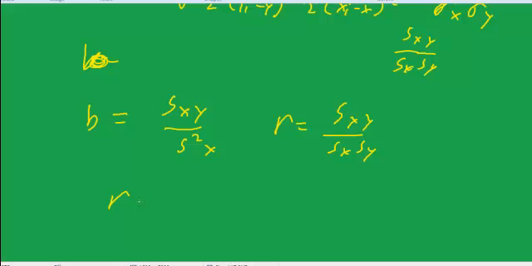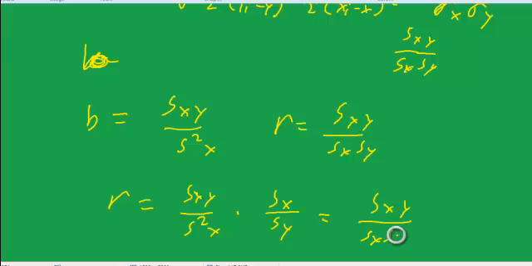That is, r is equal to, let's put b in there, sxy over s squared x times sx over sy, and that'll give us sxy over sx sy. Is that right? Absolutely not. That's not what I want to do.